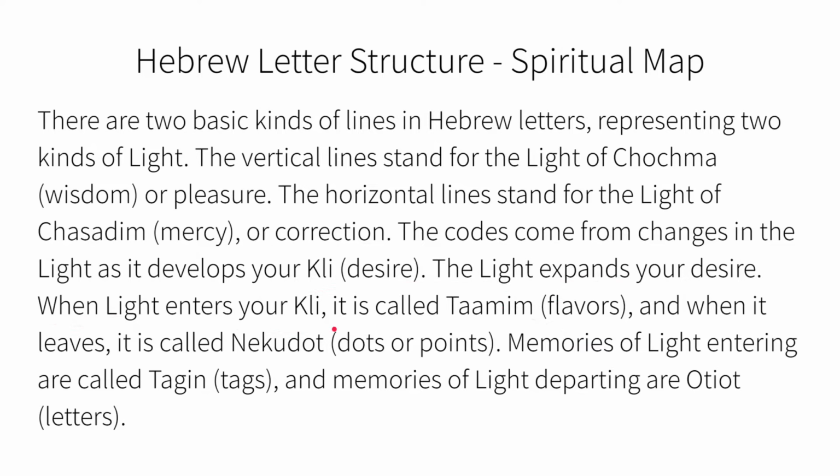When light enters your kli, your vessel, it is called te'amim, flavors. And when it leaves, it's called nekudot, dots or points, which are the vowels. Memories of light entering are called tagin, and memories of the light departing are otiot, which means letters.